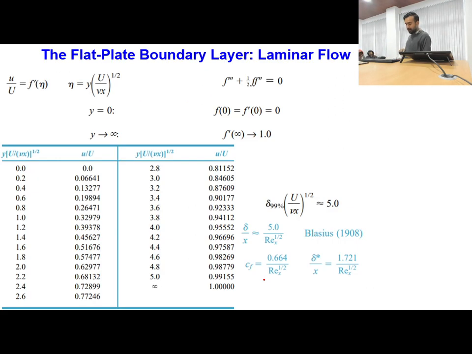So now let's see the solution of boundary layer flow. The solution of boundary layer flow was first done by Blasius in 1908, and Blasius was once again a student of Prandtl. So whatever equations Prandtl derived, these were solved by his student Blasius for flat plate flow. What Blasius has done is use one parameter eta, which is called a similarity variable.